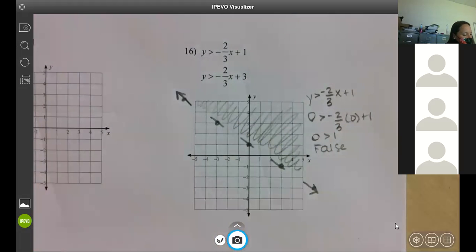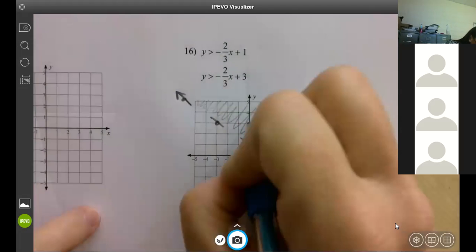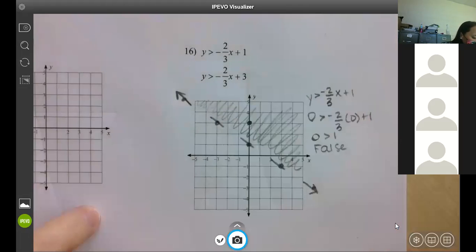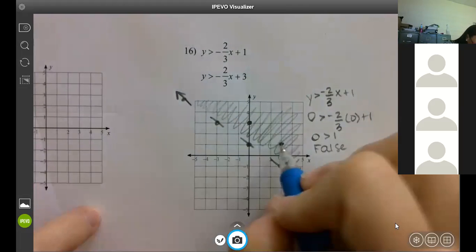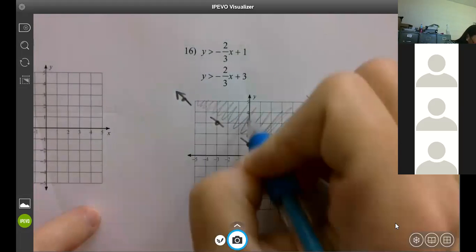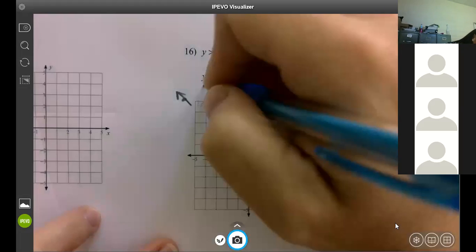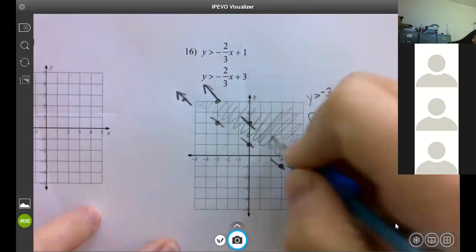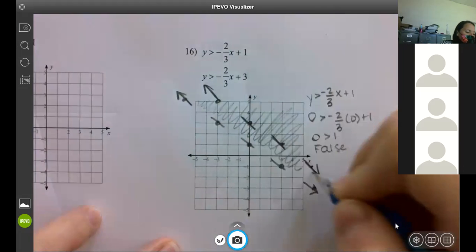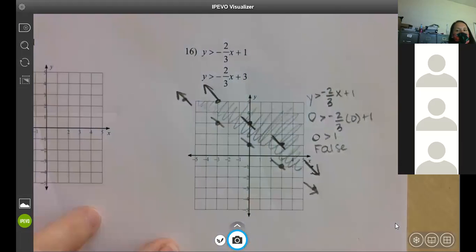How do I graph the second equation? Start at 3. How do I move? Down 2, up 3. What kind of lines do I have right here? I do have parallel lines. This one is also dashed. And then I can also plug in 0, 0.